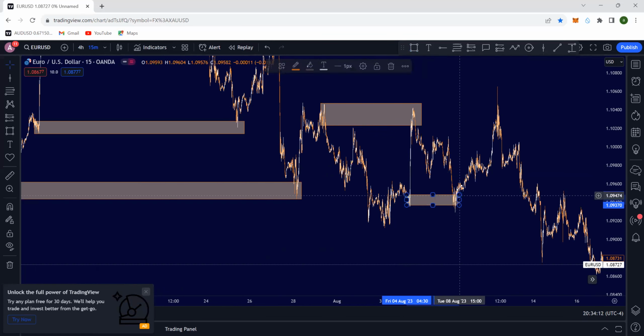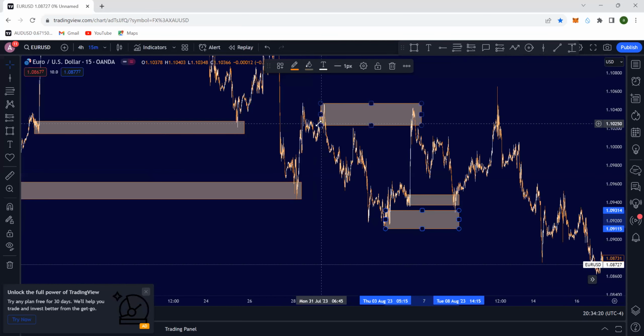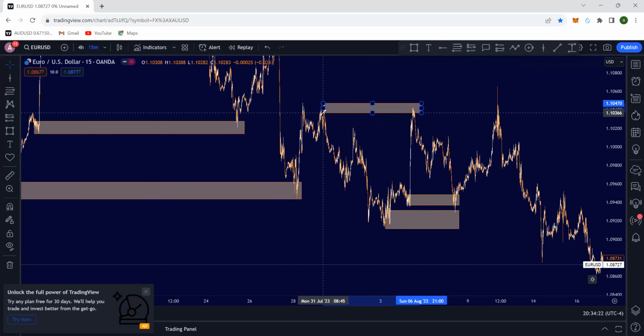You want to opt out somewhere around here, or because of what the 1 hour time frame gave you, you want to opt out somewhere around here, right? So if you refine your entry on the 15-minute time frame, this is the zone you are going to pick. And this would have given you more than 5 R profit, right? This move alone would have given you more than 5 R profit.